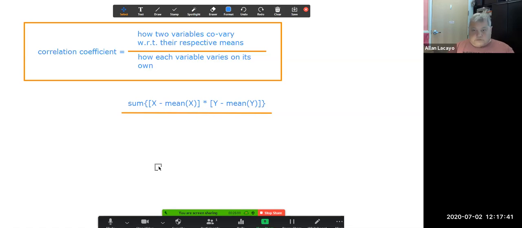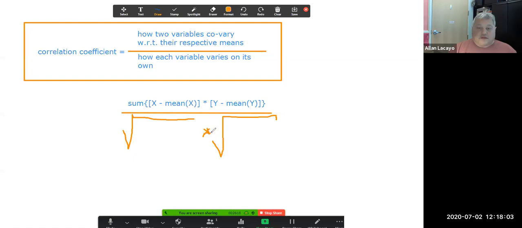And what we're going to do with that is divide that sum by how x and how y vary on their own.